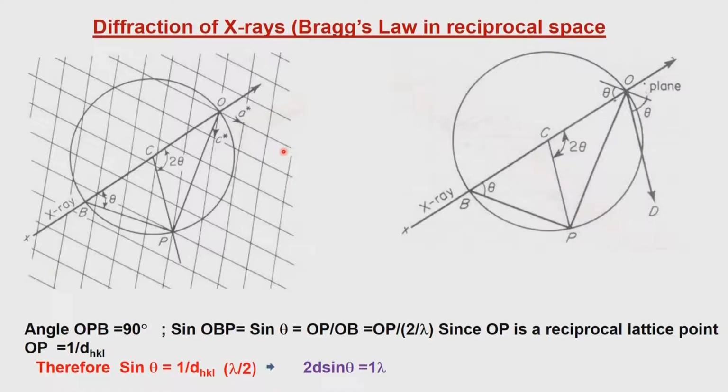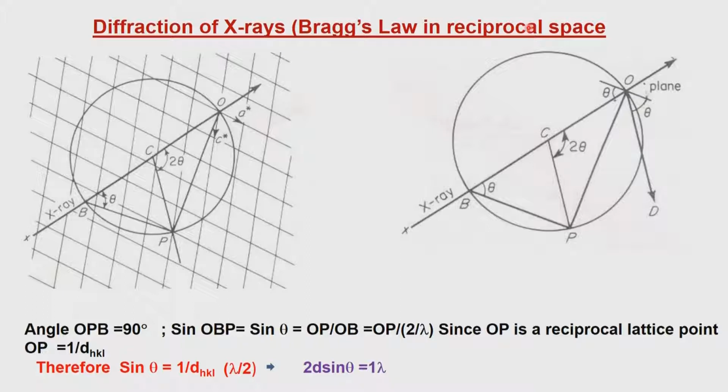So, this particular slide will tell you the entire construction procedure which we follow in order to understand the direction of the diffracted beam in the reciprocal lattice. We therefore consider this as a diffraction of X-rays. In fact, I should have put a bracket here: Bragg's law in reciprocal space.